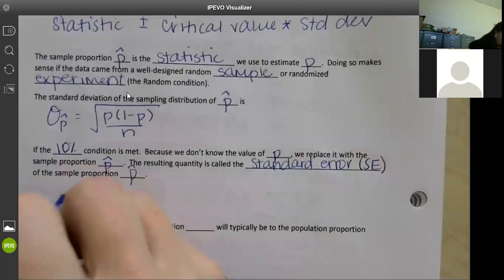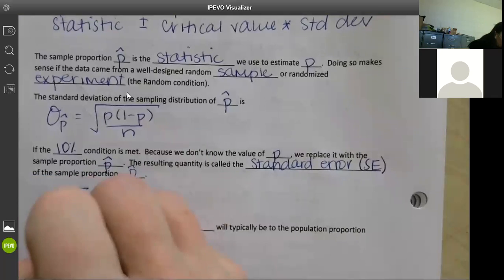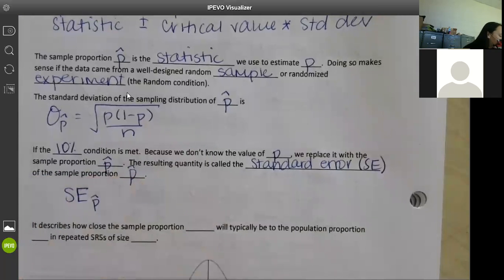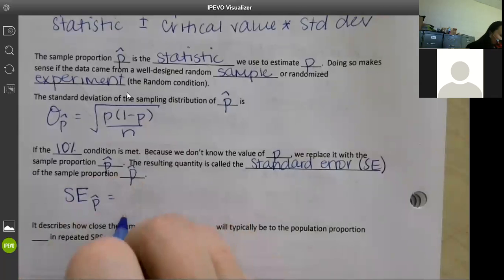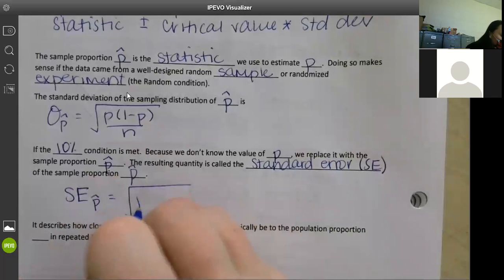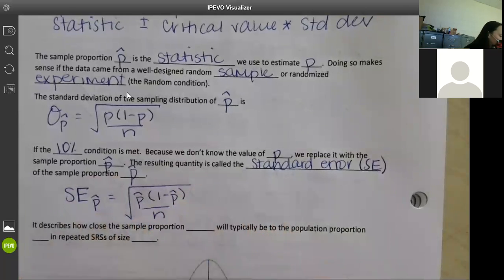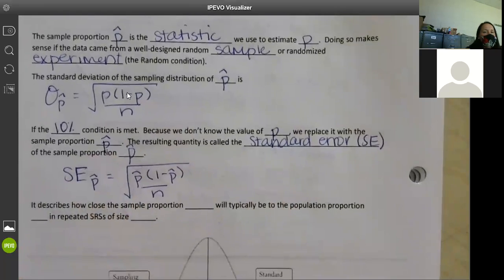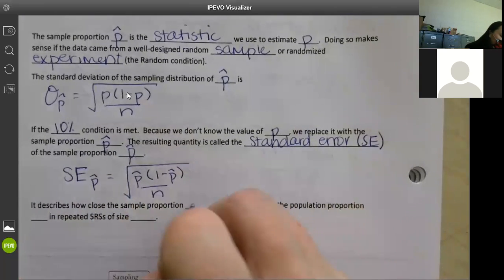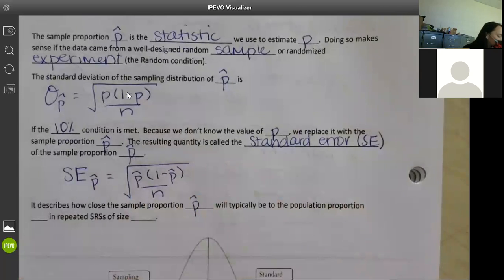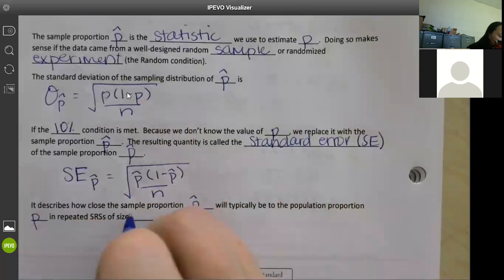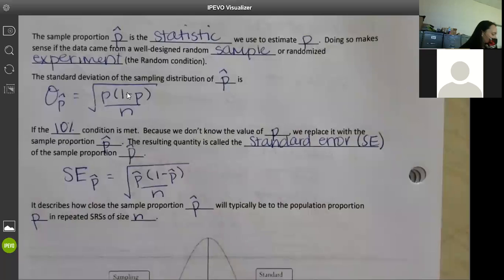All right, so the standard error of P hat is the same formula. All they did was interchange to P hat. It describes how close the sample proportion P hat will typically be to the population proportion P in repeated SRSs of size n. And this is just a normal curve.